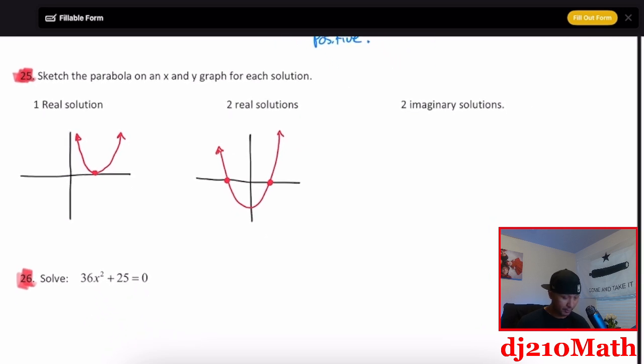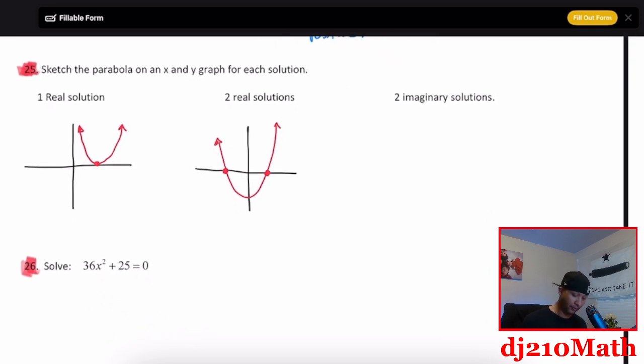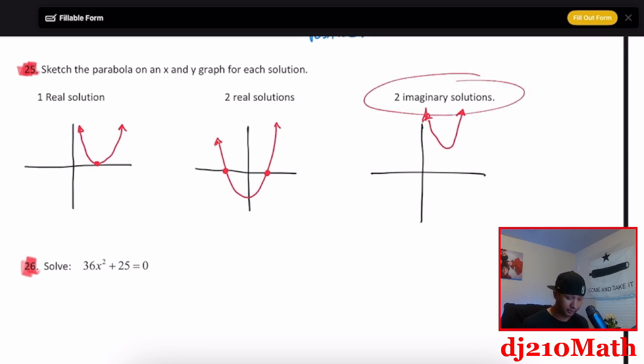And then 2 imaginary solutions will never cross the x-axis. It'll be away from the x-axis, either up or facing downward, but it'll never touch the x-axis. That's what 2 imaginary solutions look like.